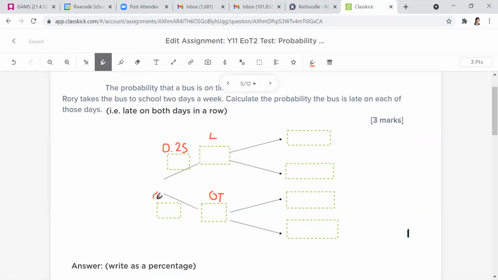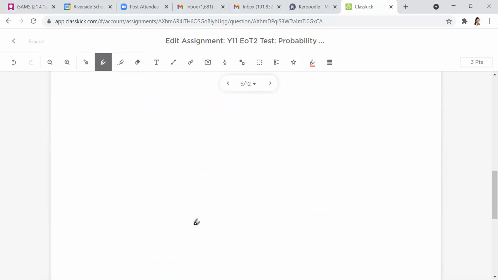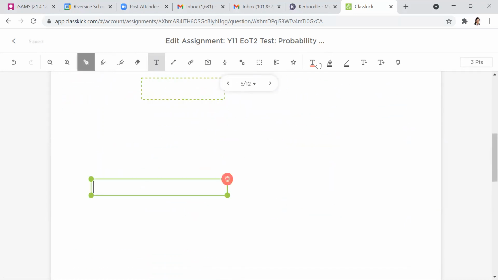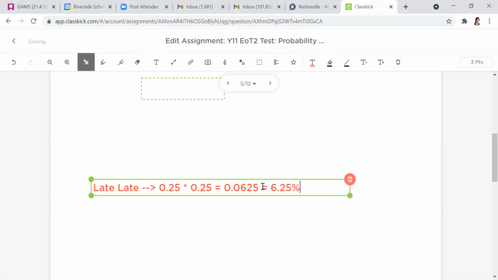0.25, 0.75. So the probability of it being late, late is 0.25 times 0.25, which equals 0.0625, which is equal to 6.25%.